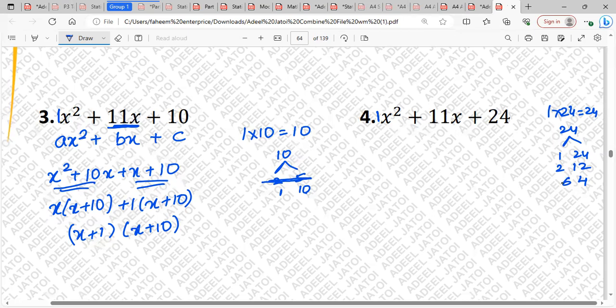Then we have what other number gives us 24? Because we have 24 here, right? There are other two numbers. Think about them. What gives me 24?